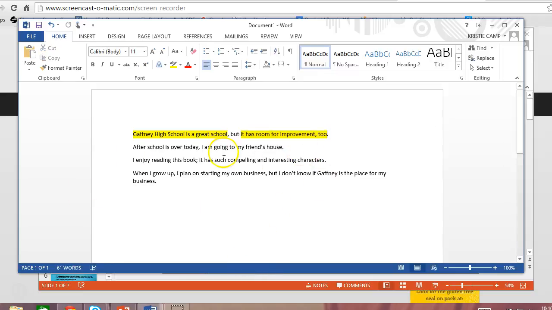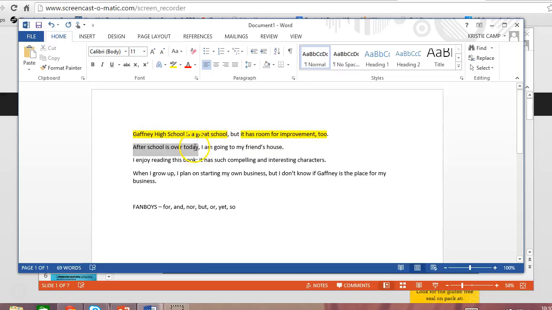We've put them in one sentence and we've joined them with a comma and a conjunction. But is one of our fanboys. Remember that fanboys are your coordinating conjunctions. It stands for for, and, nor, but, or, yet, so. So this would be a compound sentence.